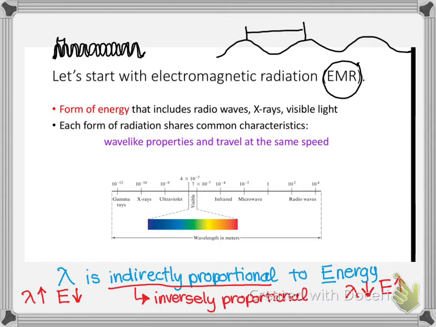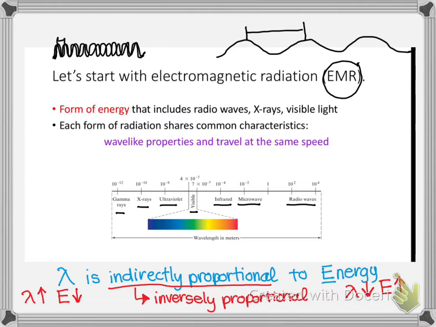You can see down here there's gamma rays, X-rays, ultraviolet light, visible light, infrared, microwaves, radio waves. These are all examples of radiation, a form of energy that travels through space in a wave.